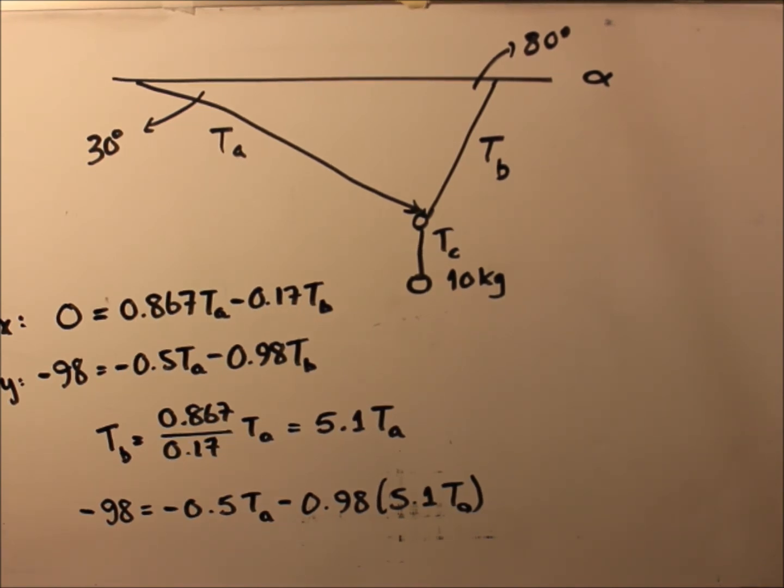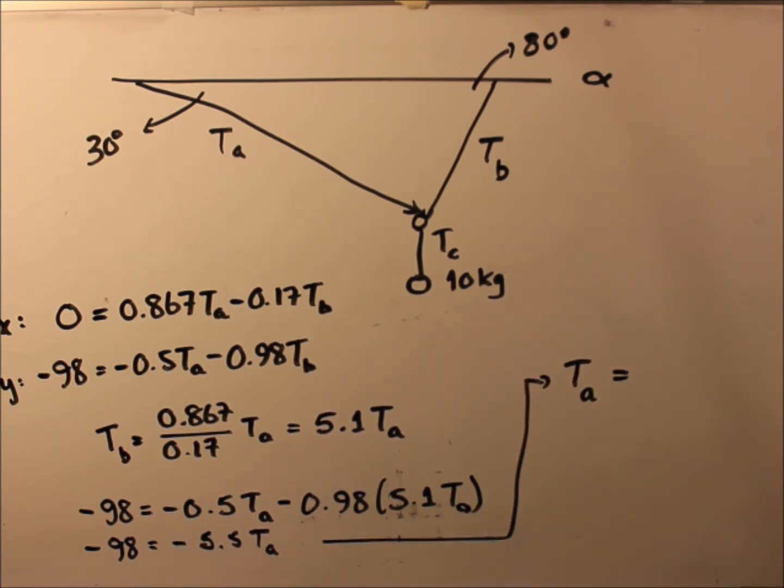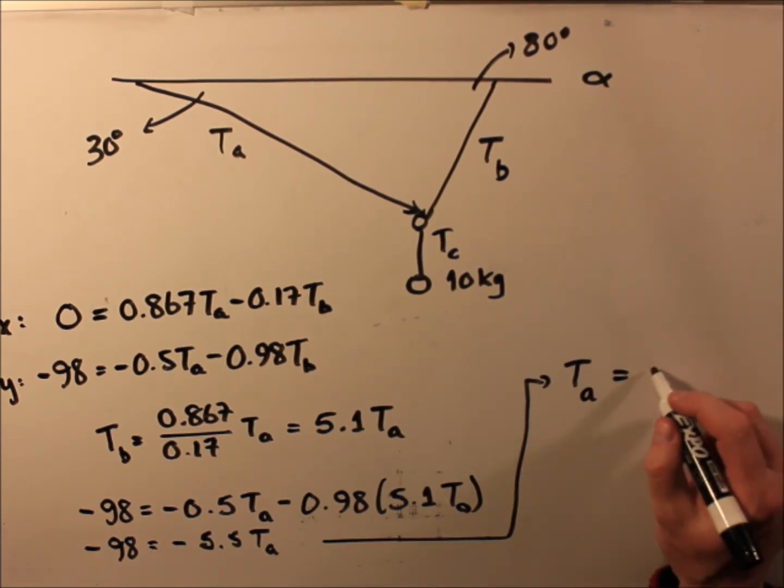So 0.98 times 5.1 gives us 5, and we're going to subtract, this will be negative 5, and we're going to subtract a bit more. So this is going to be equal then to negative 5.5 Ta, which is equal to negative 98. So Ta then, which will of course be positive, is going to be negative 98 divided by negative 5.5, which gives us a value of 17.8 newtons.